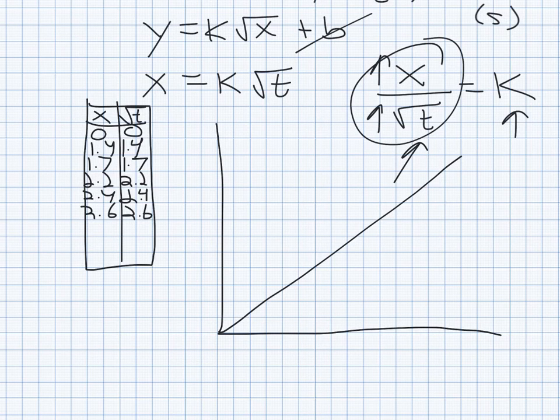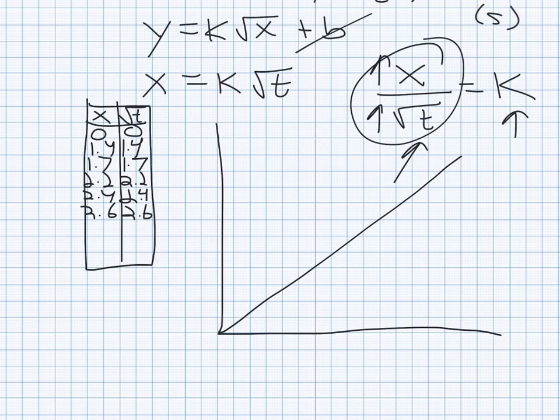Now sometimes this will be, especially if you're using data you collected in the lab, your lines will not look so nice, but you should get something that generates a best fit line that shows a linear relationship if you really do have data that were originally in a square root relationship.